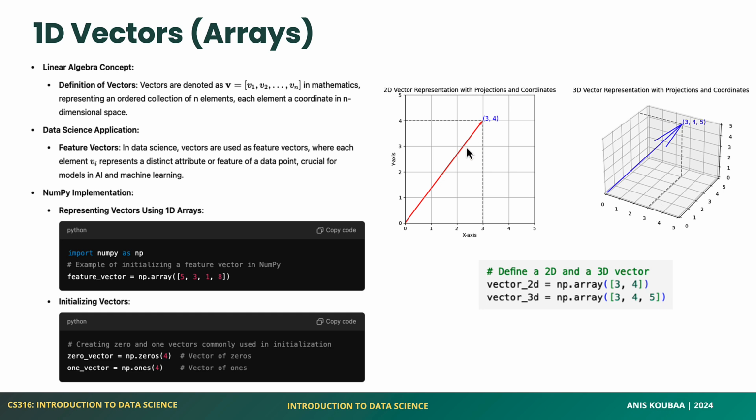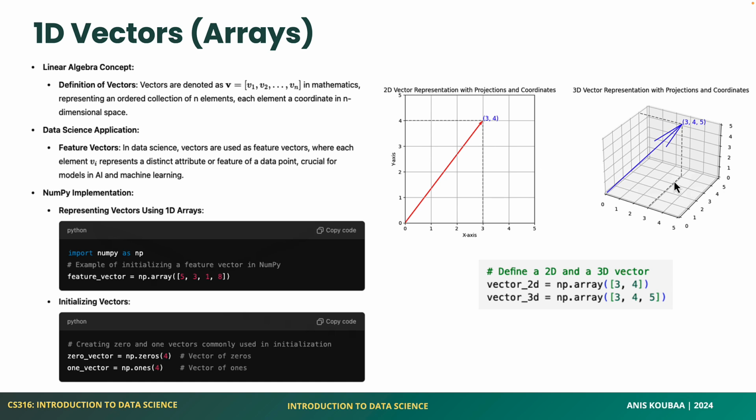This is the vector representation, and we can use a NumPy array to express these vectors. For example, this vector, we can write it vector_2d = np.array([3, 4]). So this is going to create the following vector. And this one, 3, 4, 5, is going to create a vector in three-dimensional space. Of course, it can go to higher dimensions, but we cannot visually represent more than 3 dimensions, as you already know.